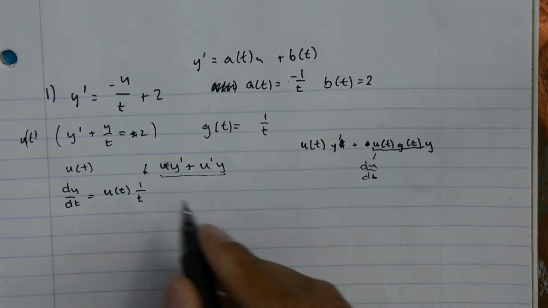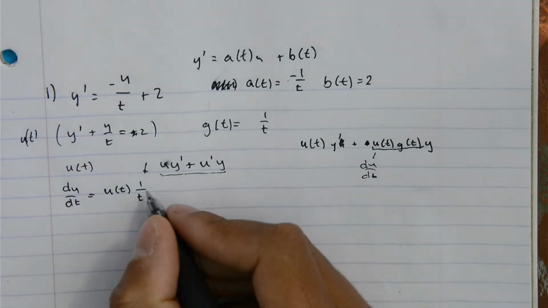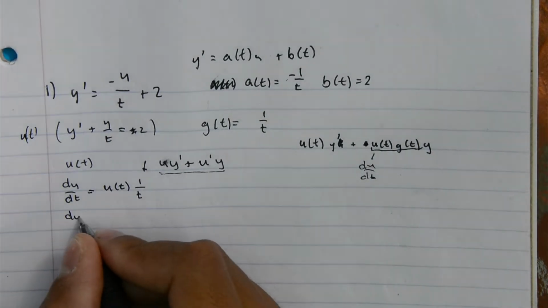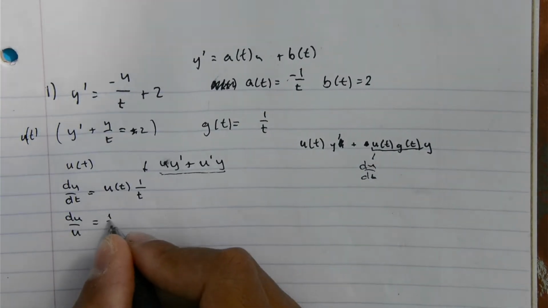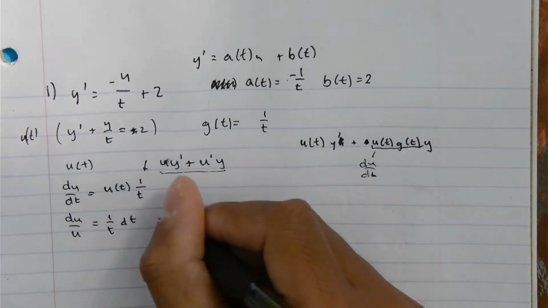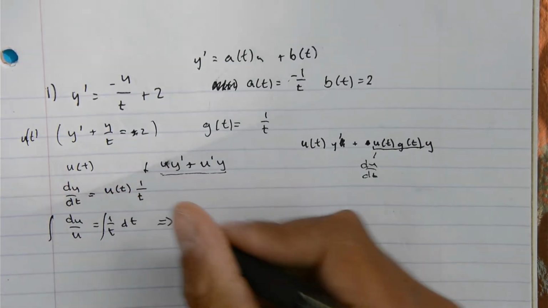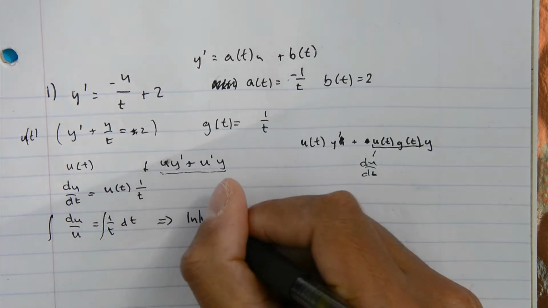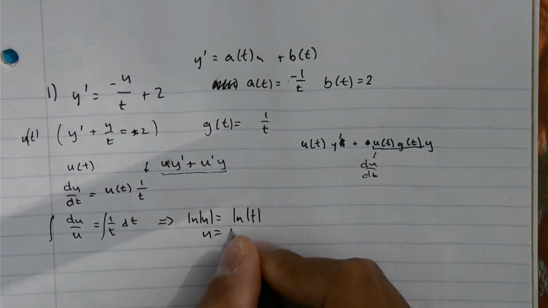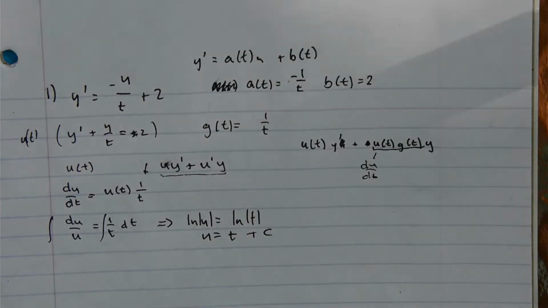Now that we have this differential equation set up, we can integrate it. It's just du over u is equal to 1 over t dt. And if you integrate, you get ln u is equal to ln t. So u is equal to t plus c.